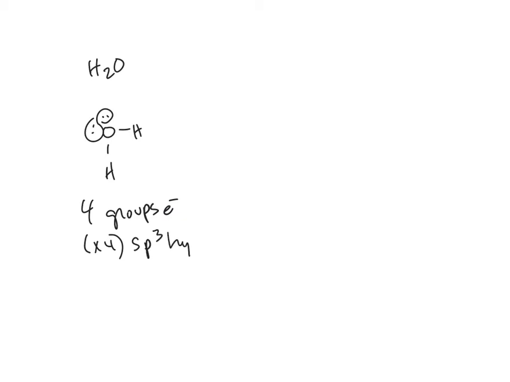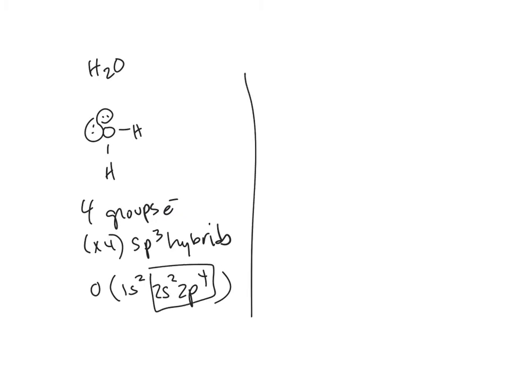And we got to mix an s and 3 p's. And so we know where we're headed on this one. Oxygen is 1s2, 2s2, 2p4, right? That's the valence shell. So now you have 2s, 2p, 1, 2, 3, 4, 5, 6, like that.